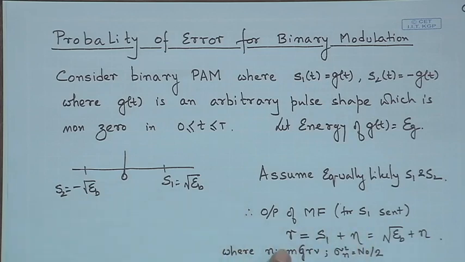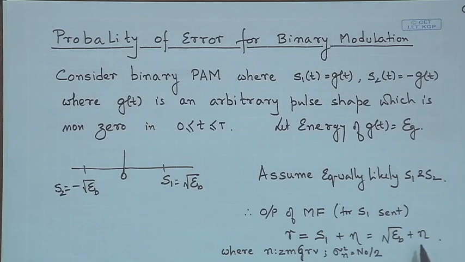In that case the received signal would be s1 plus noise, and s1 being root Eb, we have root Eb plus noise, and of course noise is described as zero mean with variance N0 by 2.